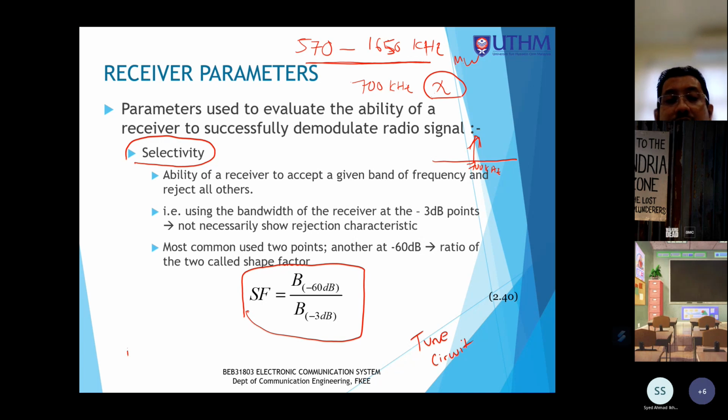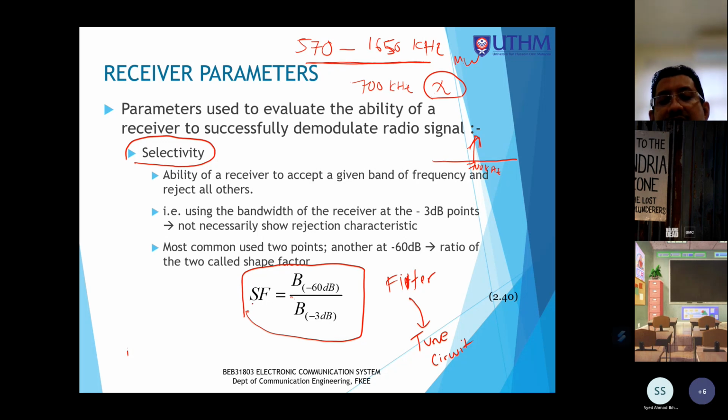Yang pertama untuk selectivity parameter kita boleh lihat shape factor. Shape factor adalah bandwidth of minus 60 dB dibahagikan dengan bandwidth of minus 3 dB. Bandwidth apa? Ini sebenarnya merujuk kepada bandwidth of the filter yang berada dalam tune circuit.